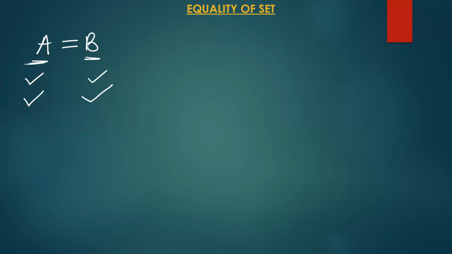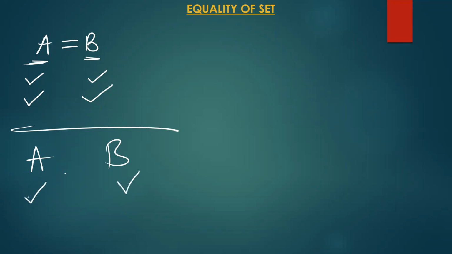However, they may be equivalent. When we talk about equivalent sets, for A to be equivalent to B, they may have different elements, but as long as they have the same number of elements, then we say they are equivalent.